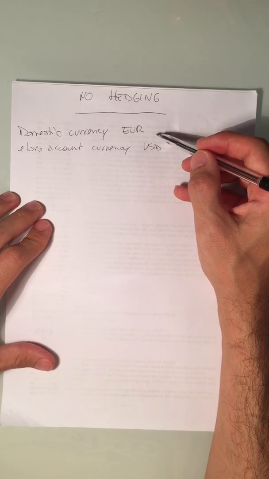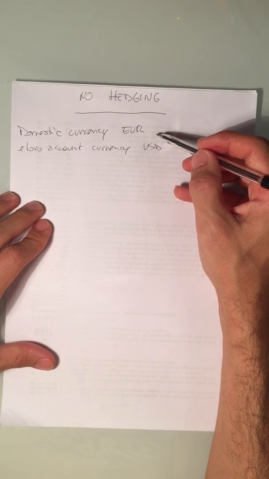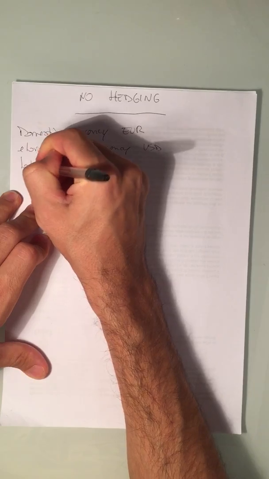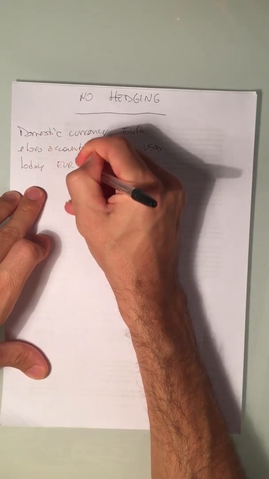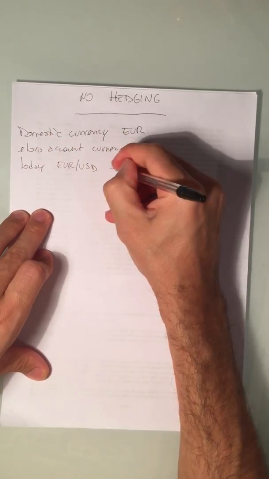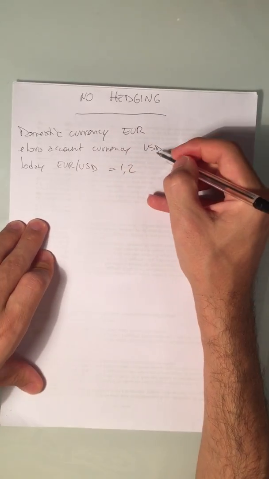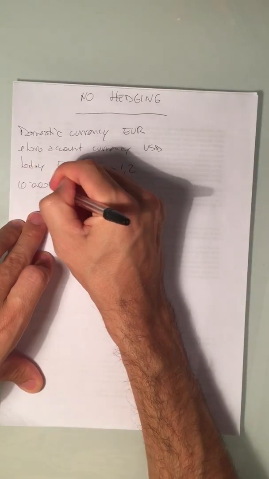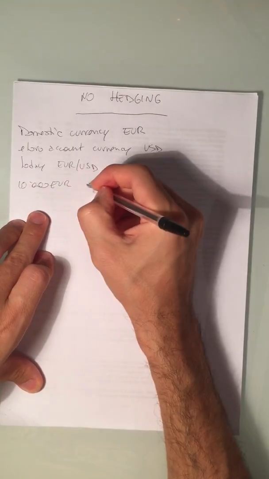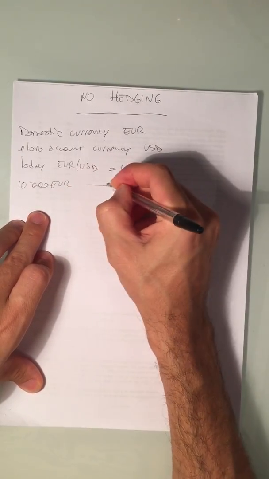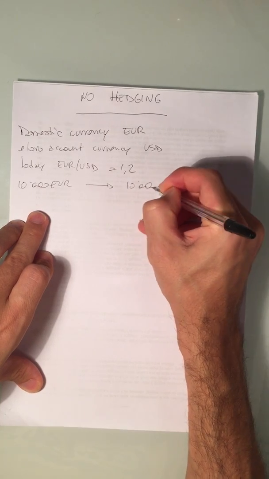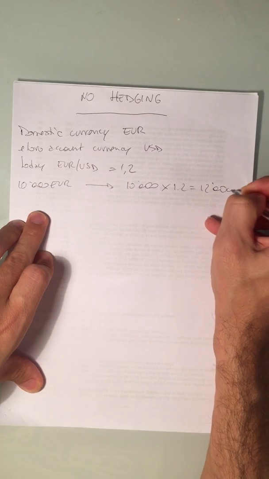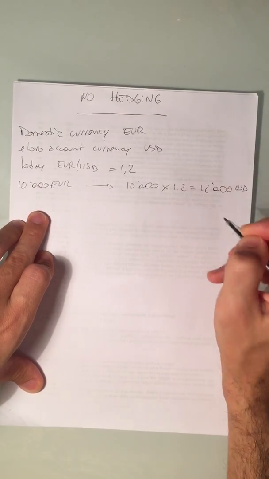If I want to transfer some money from my bank account to eToro account, and today the exchange rate of euro US dollar is 1.2, it means that if I want to transfer 10,000 euros, this 10,000 euro multiplied by 1.2 will be 12,000 US dollar.